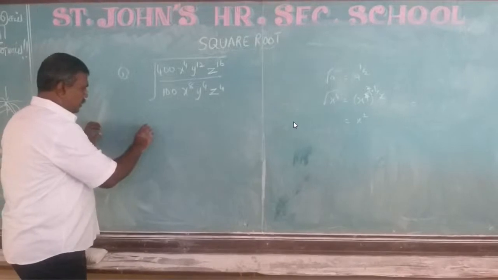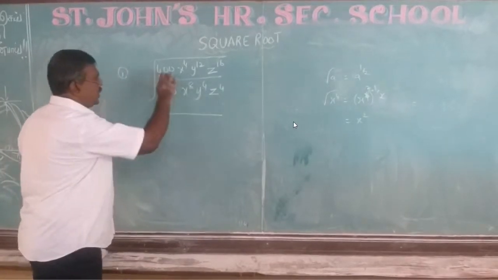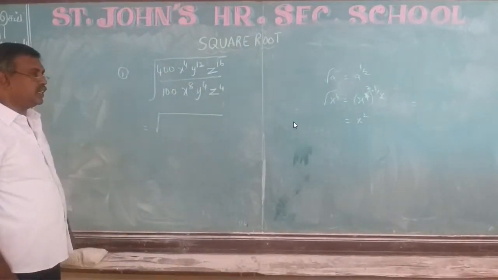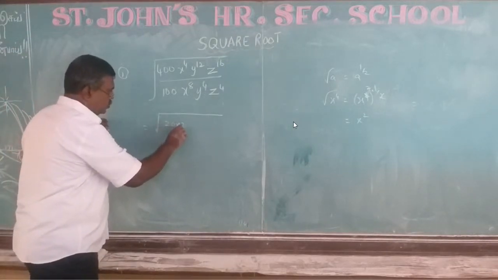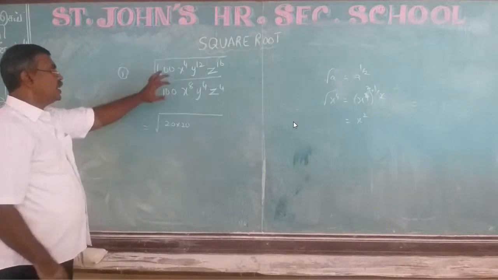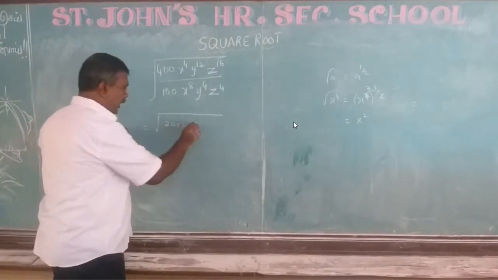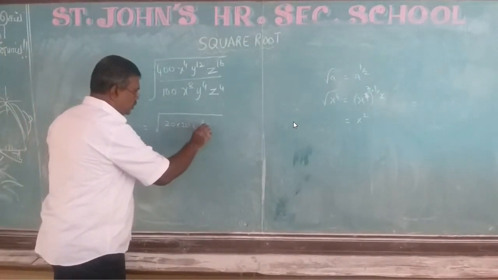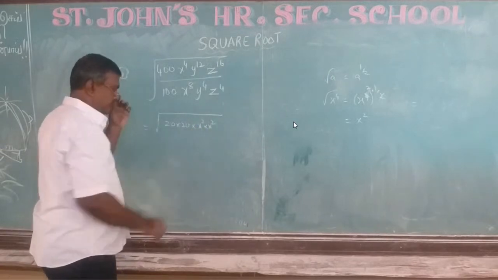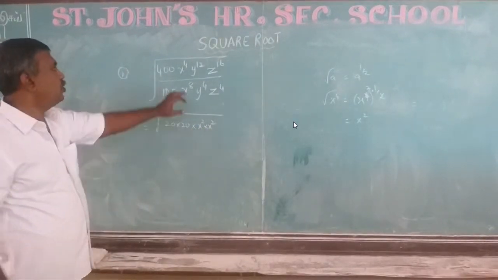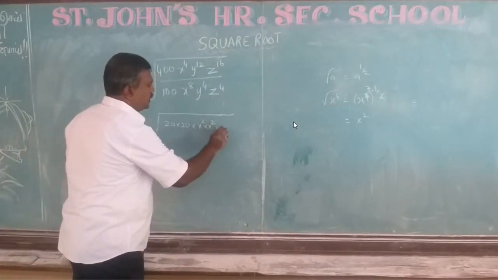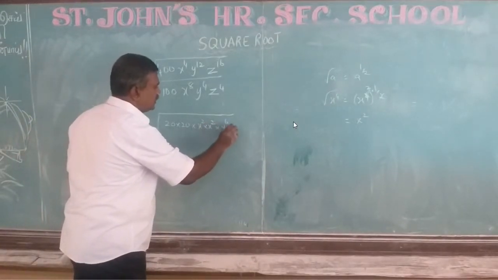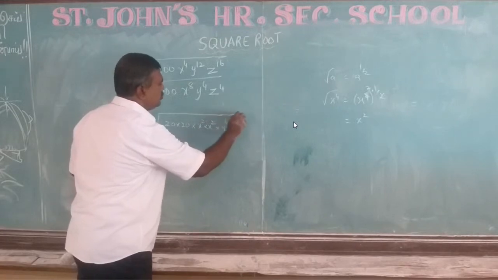So that is equal to 400. 400 we can say 20 into 20. X power 4 can be written as x square into x square. Similarly, y power 12 can be written as y power 6 into y power 6.